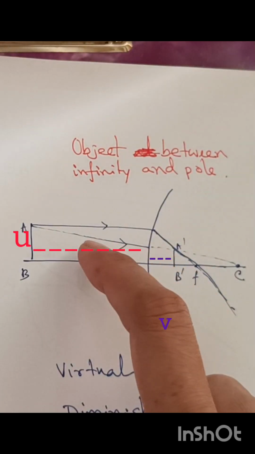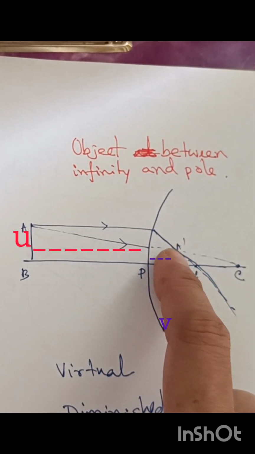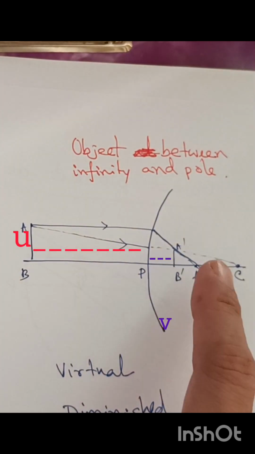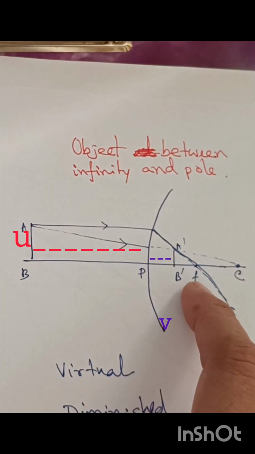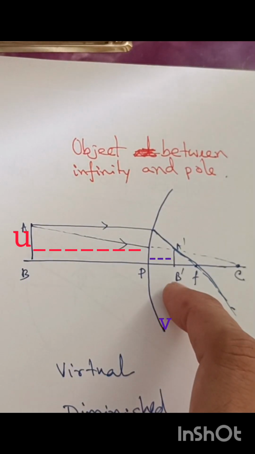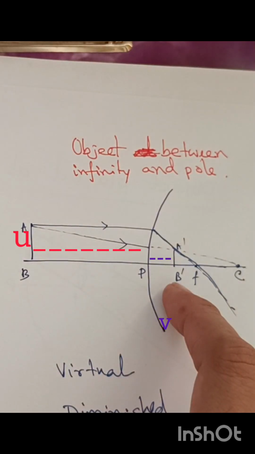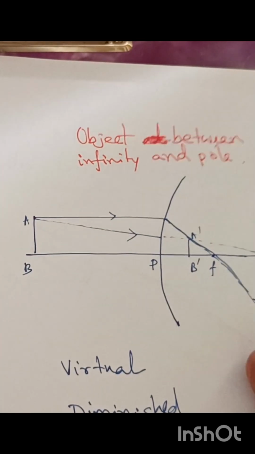It is made inside the convex mirror, so it is virtual, and also diminished as v is less than u. So the image nature is virtual, diminished and erect.